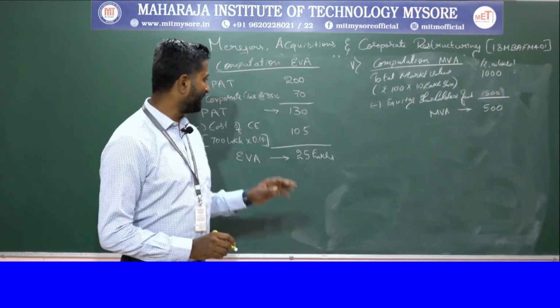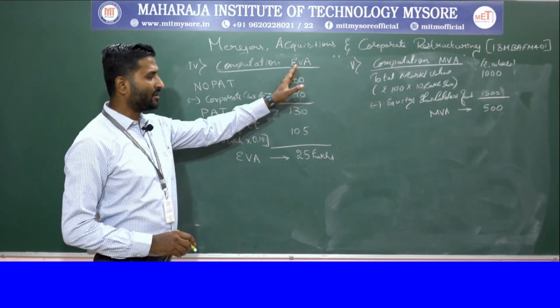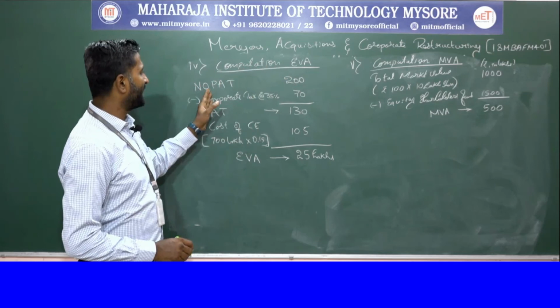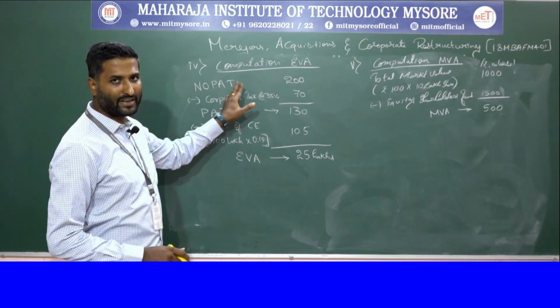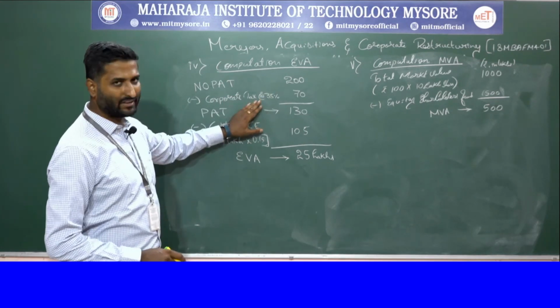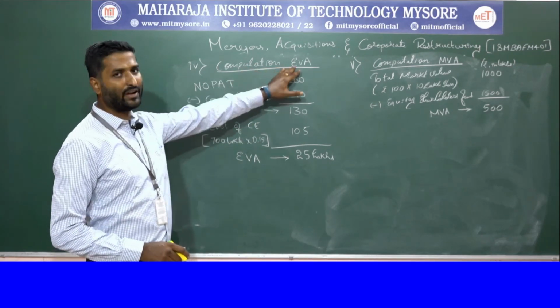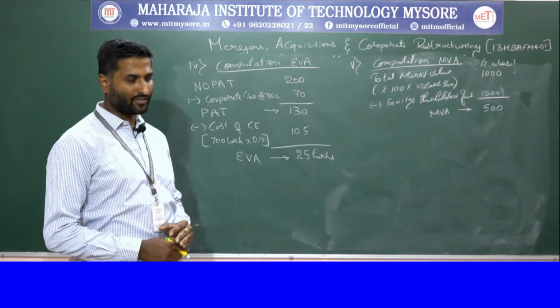Hope you understand this, where we calculated the computation of EVA, economic value added, where we take into consideration NOPAT, net operating profit after tax, which is given as 200. In economic value added, depreciation should not be taken into consideration.